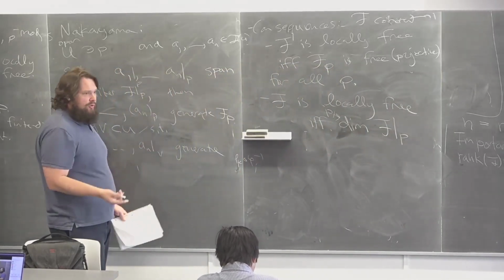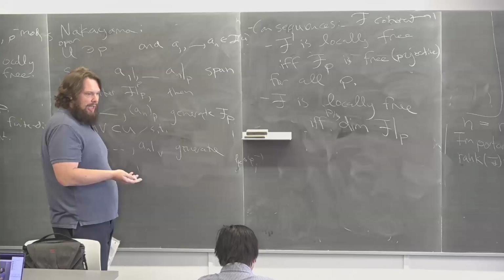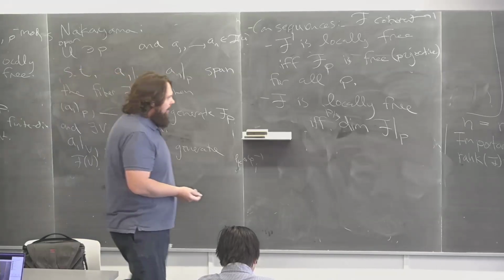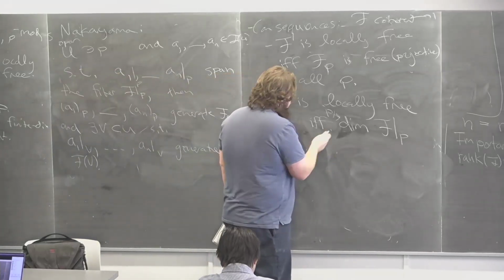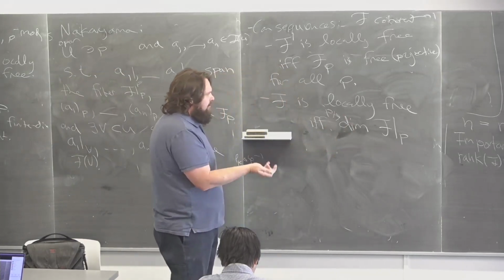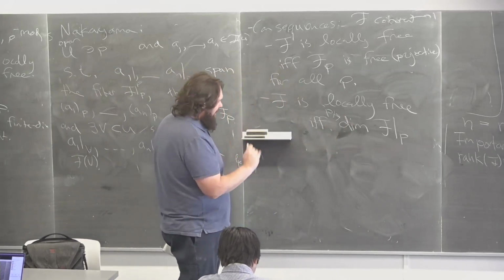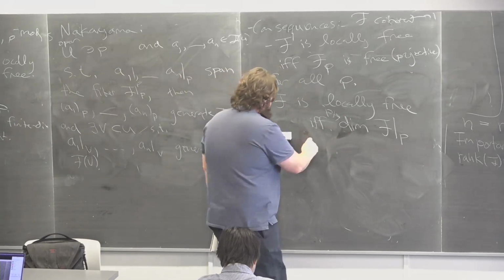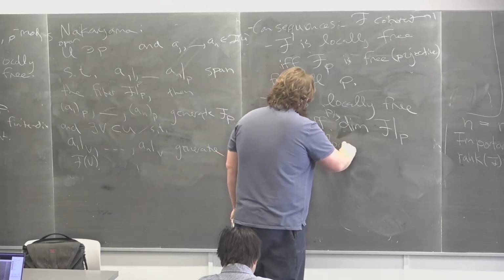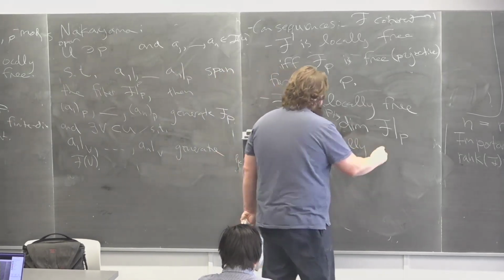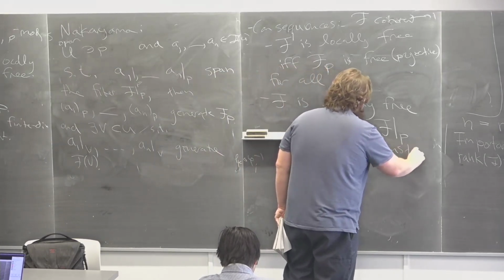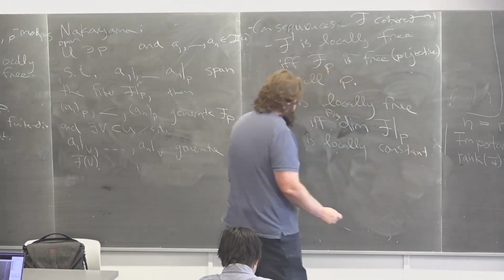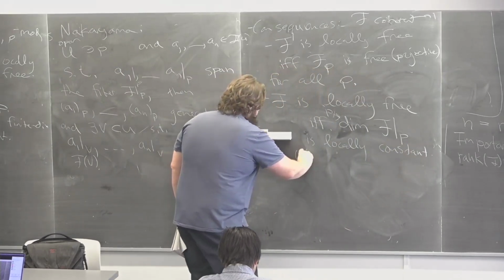For a general coherent sheaf, that could be jumping all over the place. But if I'm locally free, of course, it's constant, or I should say locally constant, so constant on connected components.